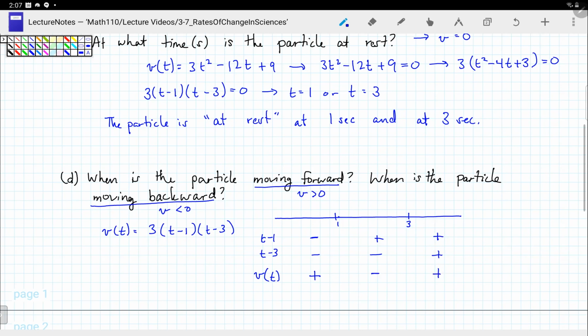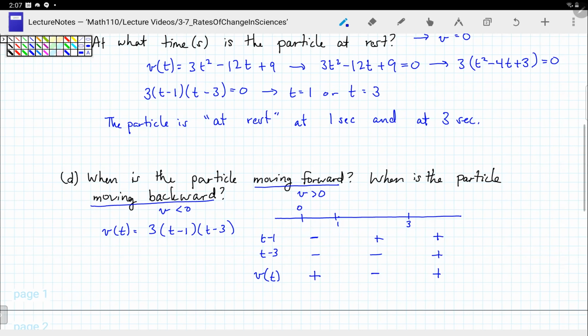Okay. So this tells us that the particle is going to be moving forward, keep in mind, where the velocity is positive. And so it's going to be for t less than 1 and t greater than 3. So I'm starting at 0 seconds.